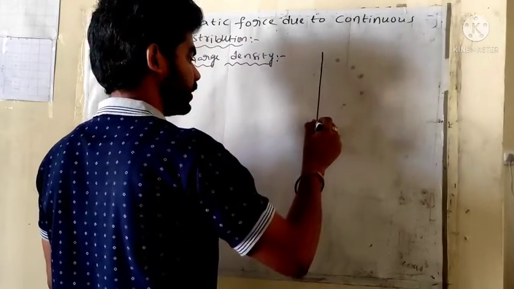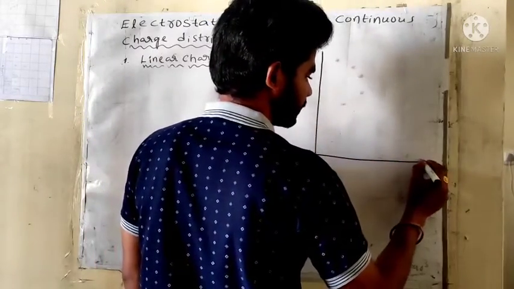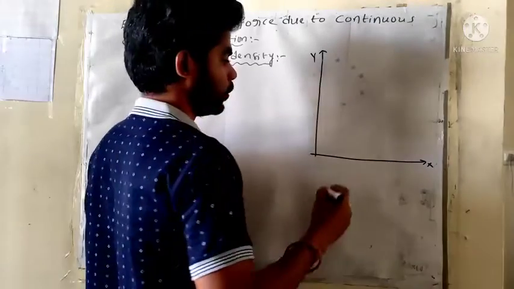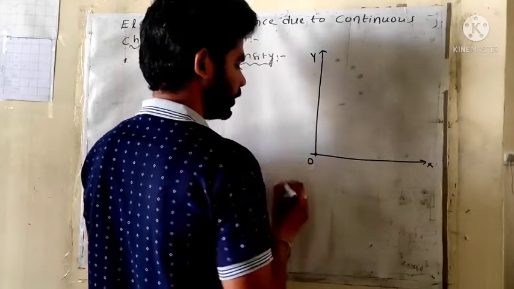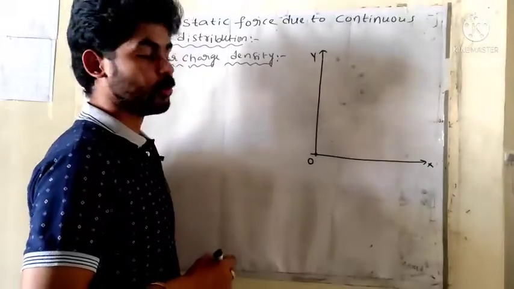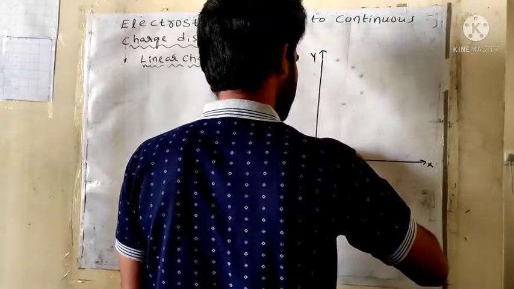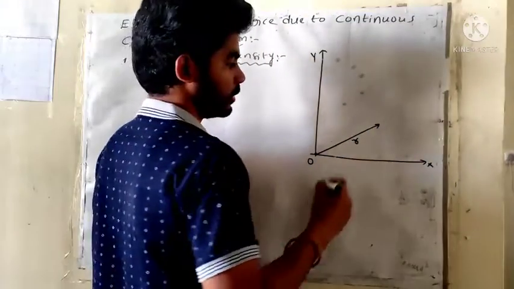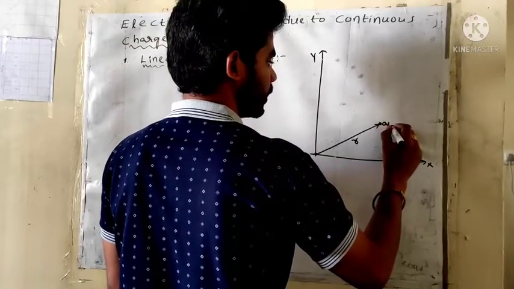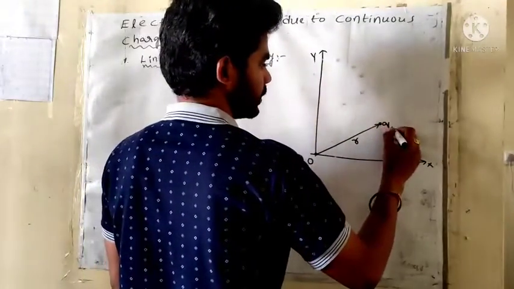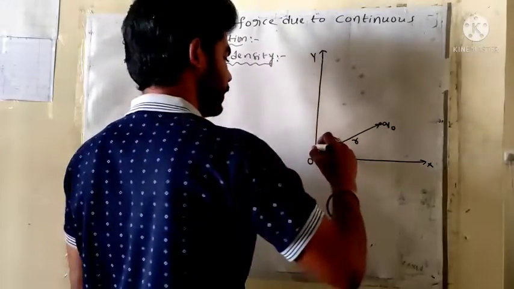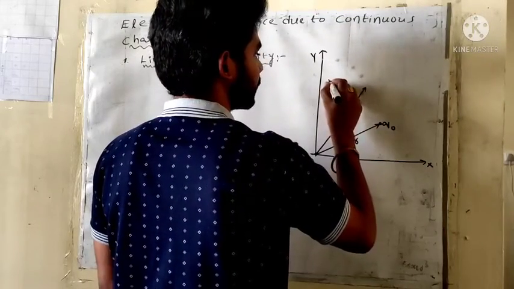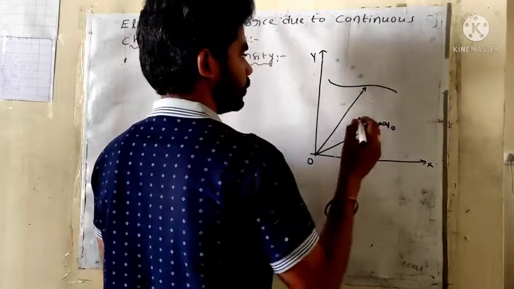Let us consider an x-y axis system. This is the x axis and this is the y axis, and the point where they meet is the origin. At a distance r from the origin, I am taking a charge, let us say q naught. From the origin, at some other distance, I am taking a conductor.